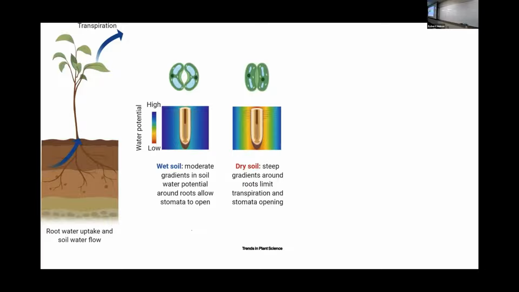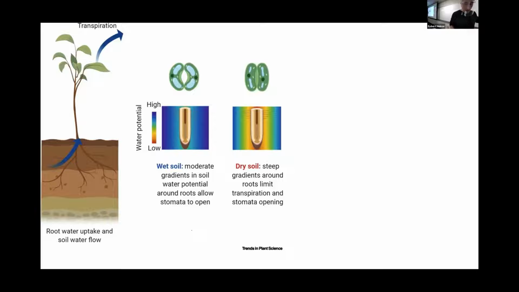Versus if you get to a dry soil, you have really steep gradients around the root. With that drawdown of water in the immediate root vicinity, the hydraulic conductivity decreases significantly, and then you can't maintain fluxes that are high enough to meet the demand of that particular root there.